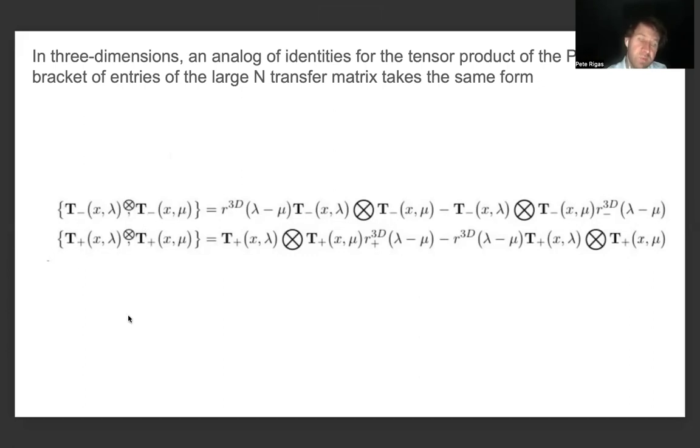We can then look at different expressions for the tensor product of the Poisson bracket between these two portions of entries of the transfer matrix.